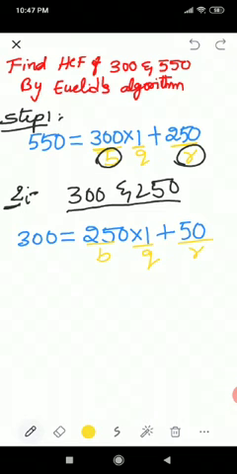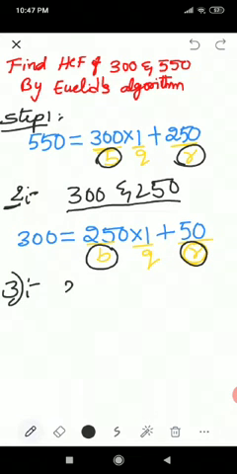Here once again the R value is not 0, so we have to go for the third step. I have to use the division algorithm for this new B and R, that is 250 and 50.